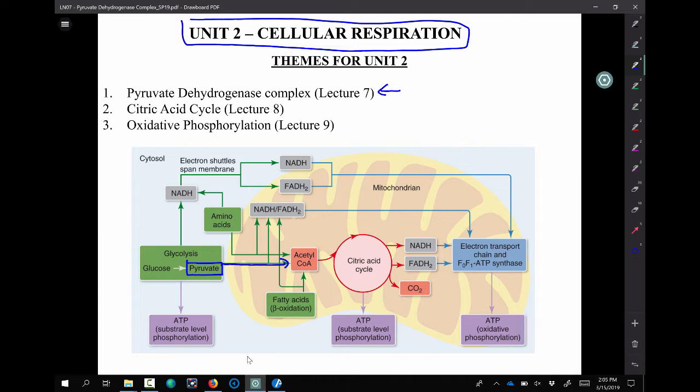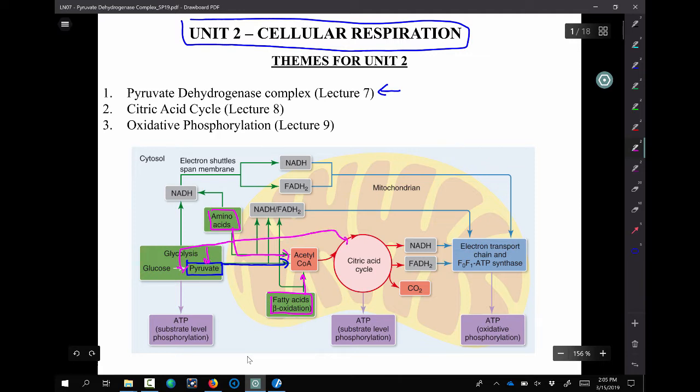The other aspect of this that I want to point out is that this again feeds into a larger context, because we can take amino acids or we can look at fatty acids, and those also will feed into this molecule acetyl-CoA. Amino acids are a little bit tricky because they can also feed into glycolysis or pyruvate or into the citric acid cycle.